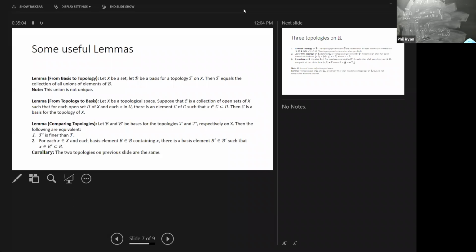Are those open intervals? Open intervals, yes. As subsets of the reals, or with all the irrationals removed? This would be a basis for the reals, in the standard topology.